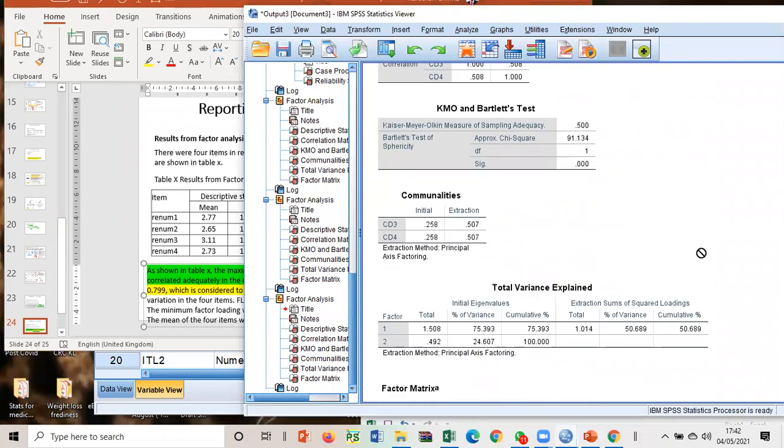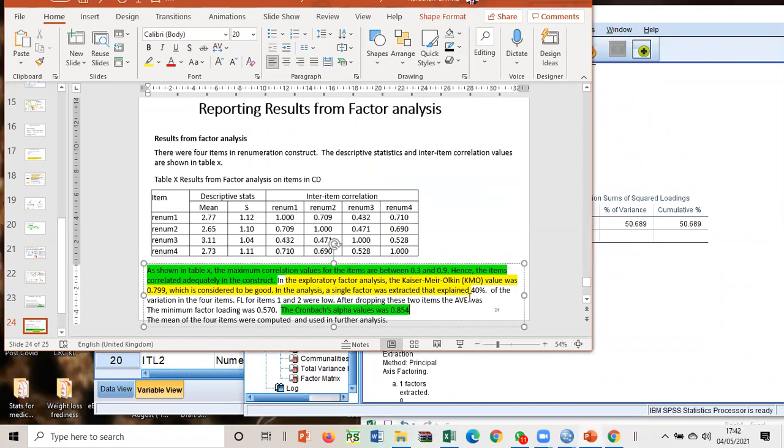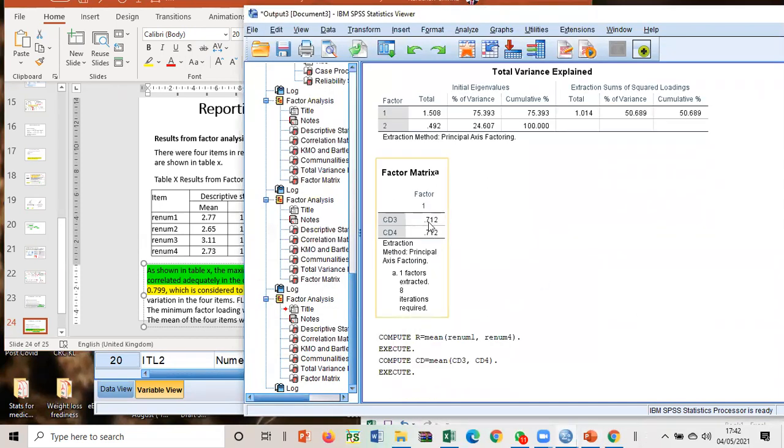After dropping both, 51%. So this alone is not good enough; that means there is still some weakness there. So now items 1 and 2 are dropped. After dropping these, AVE was 51%. So now the minimum factor loading is 0.712.